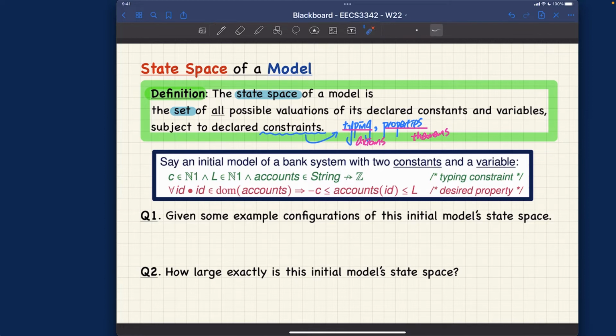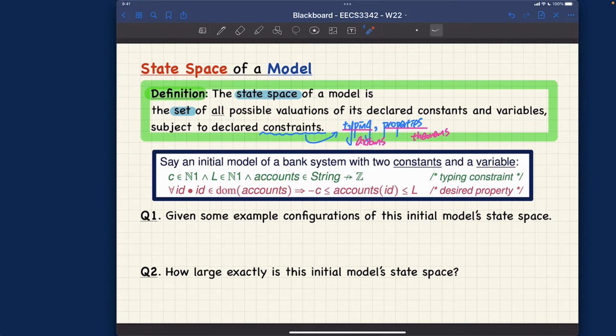Let's say we are trying to formalize or create models for a bank system. What we start with is the so-called initial model, the very first one. It simply is declared with two constants, C and also L. So C for the credit limits and also L for the upper limits for every account, right? And also a variable. Let's say the variable is simply just called accounts over here.